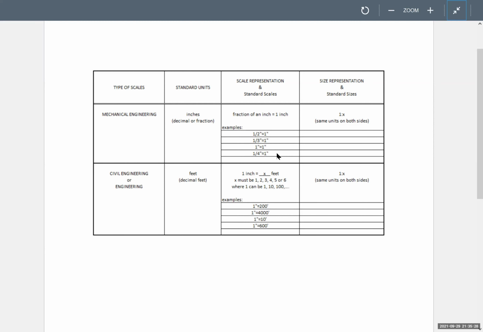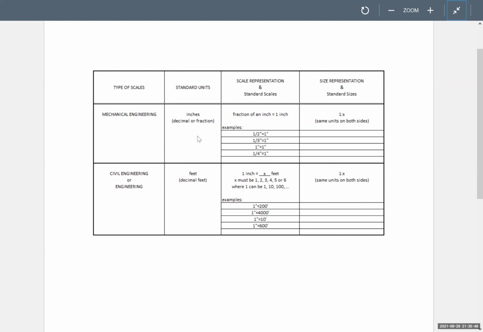Yes, I'm here. Okay, so let's talk about mechanical engineering. So ME scale, what units are they using? Inches on both sides. Okay, so the units are inches, and sometimes they use decimal and sometimes fraction, but ME scales are definitely going to be inches.